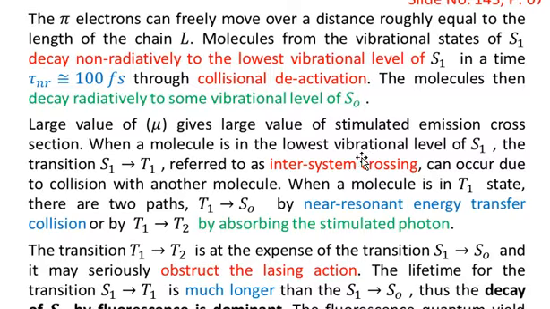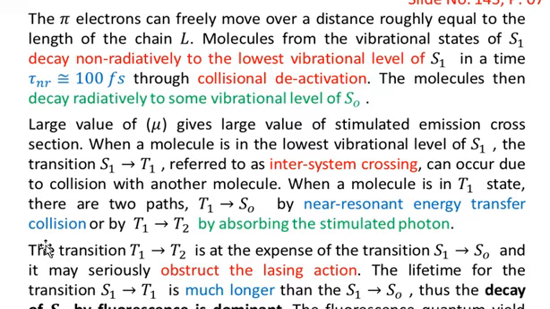So when a molecule is in the lowest vibrational level of S1, the transition from S1 to T1, referred to as the intersystem crossing, can occur due to collision with another molecule. When a molecule is in the T1 state, there are two paths from T1 to S0 by near resonant energy transfer collision.